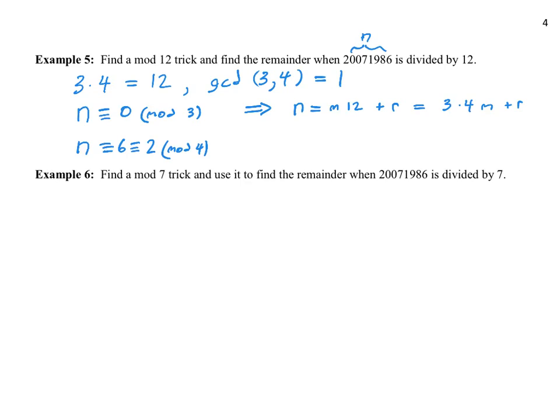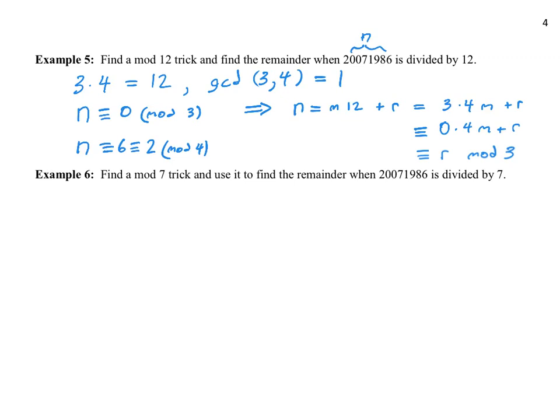Now, if we consider our number in mod 3, I'm going to take what I just wrote and break it up into mod 3. The first term here becomes 0, because 3 is the same as 0 in mod 3. So we would get 0 times 4m plus r, or simply just r in mod 3.